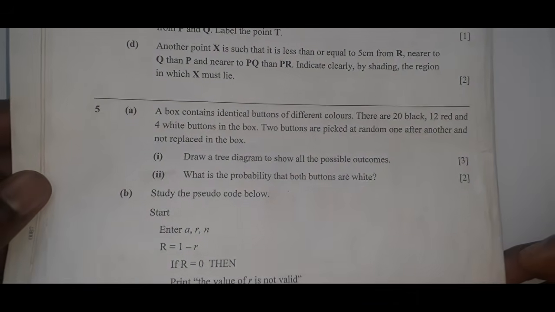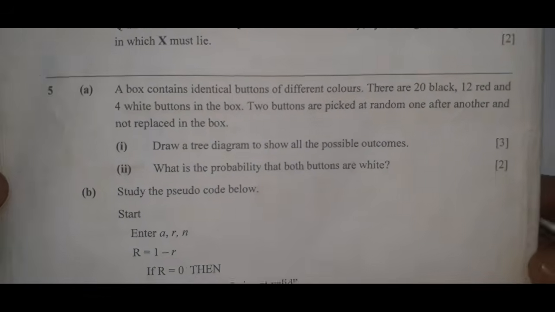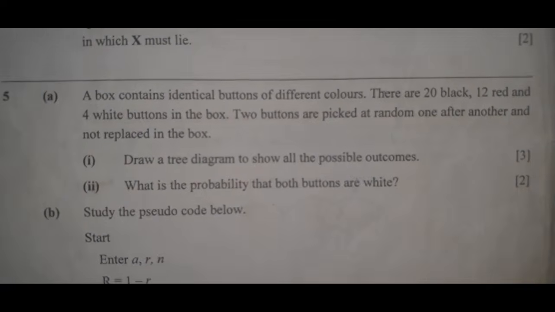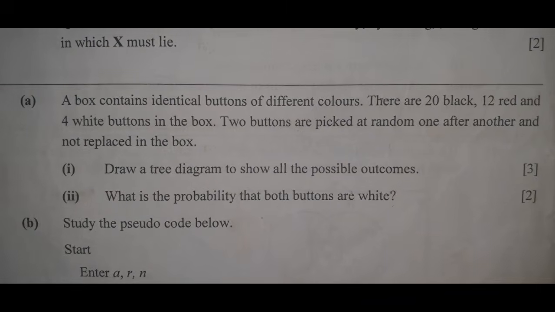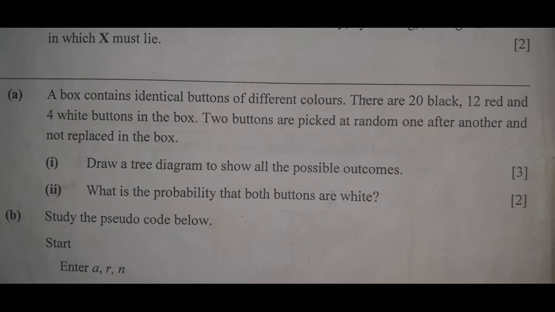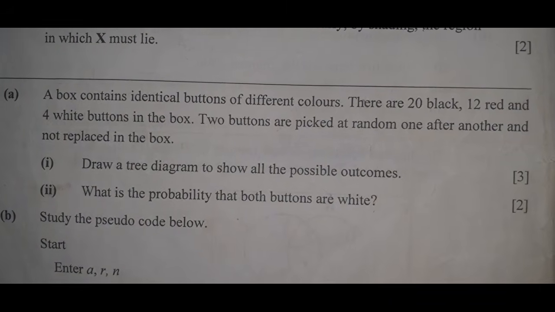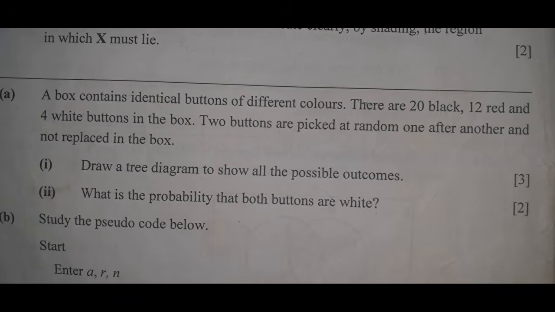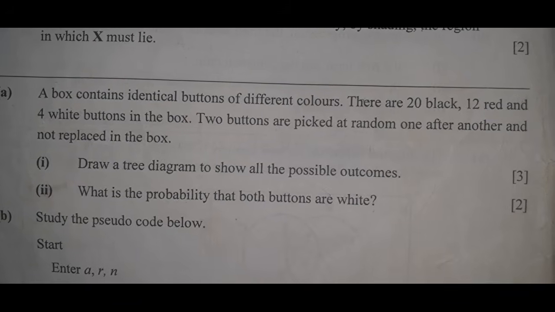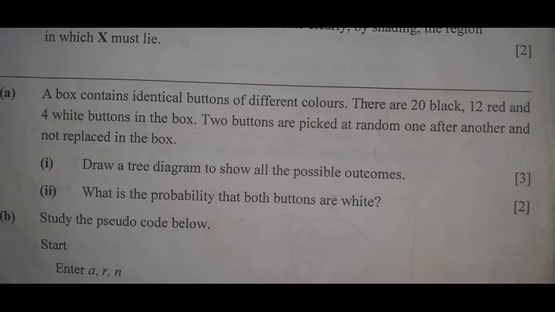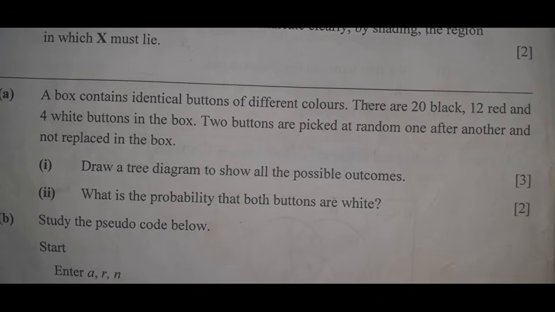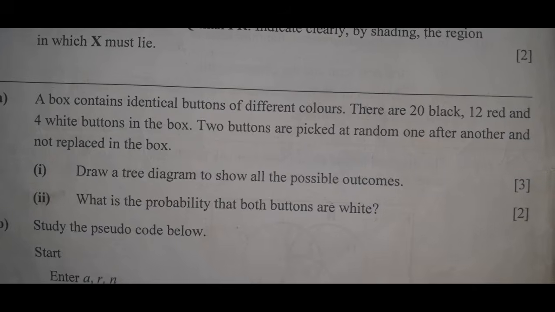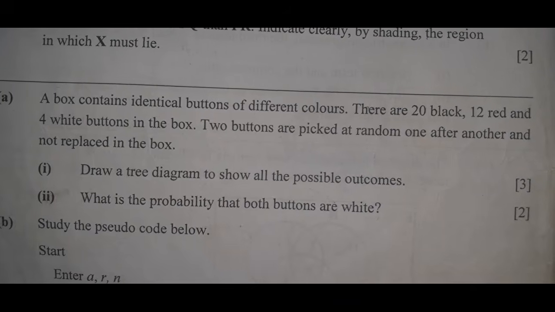Okay, so question 5. Question 5a is on probability, and the question reads: a box contains identical buttons of different colors. There are 20 black, 12 red, and 4 white buttons in the box. 2 buttons are picked at random, one after another, and not replaced in the box.